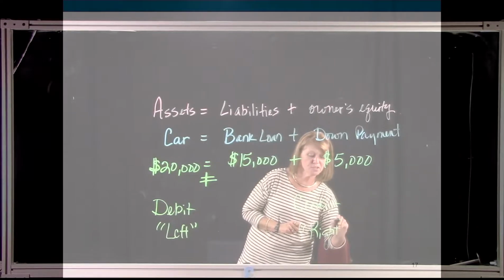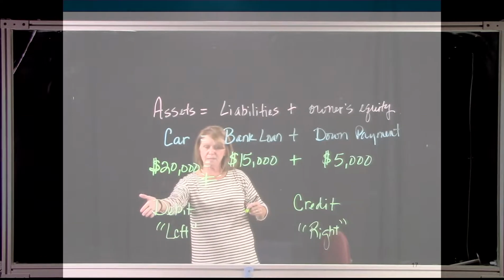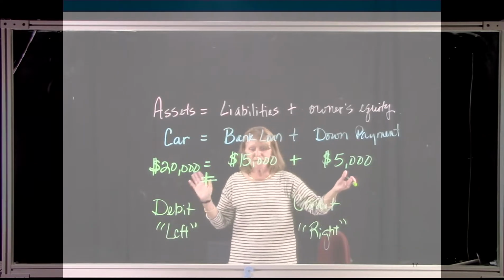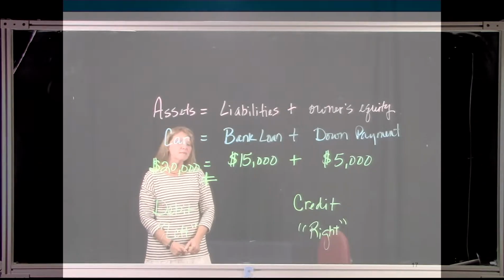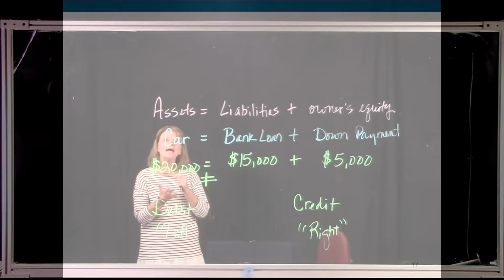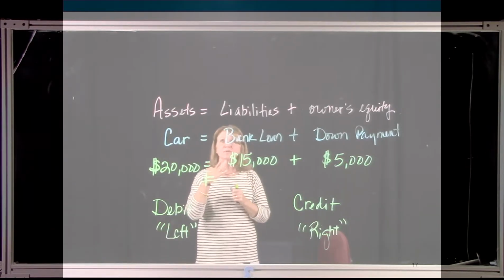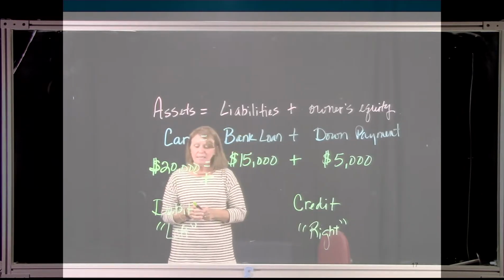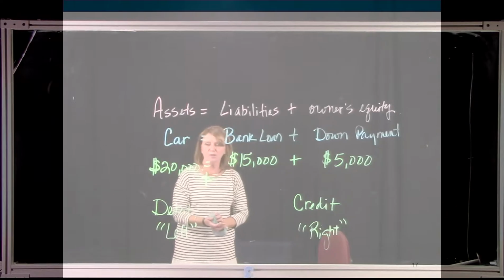I had a fun conversation today, and we were talking about debit and credit, and I said I could just call the left side dog and the right side cat, and it makes the same difference. Just remember, debit always means left, credit always means right. In order to have an accurate double entry accounting system, we always have to keep our accounting equation balanced. So assets equals liability plus owner's equity.